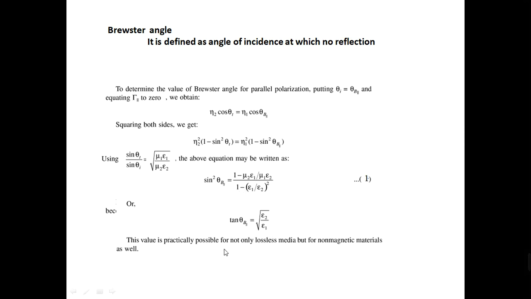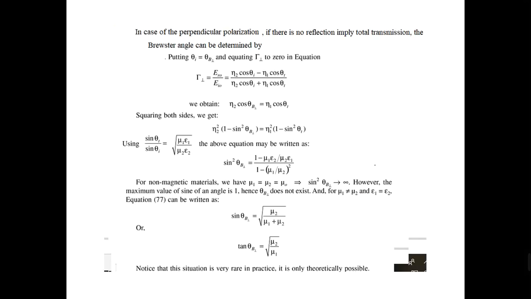This value is practically possible not only for lossless media but for non-magnetic materials as well. In the case of perpendicular polarization, if there is no reflection, it implies that total transmission takes place. You consider the expression for the reflection coefficient for perpendicular polarization and equate it to 0.